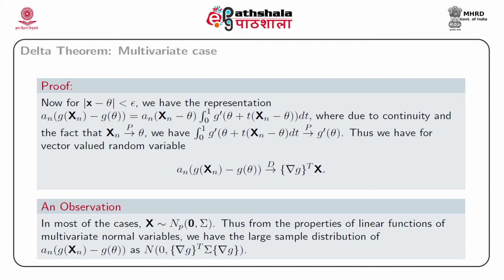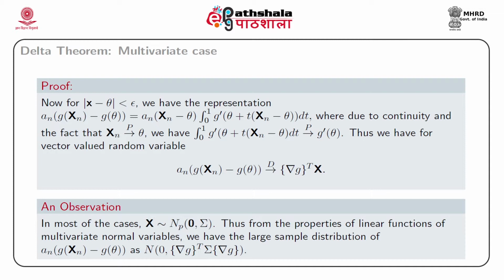This follows from the fact that every linear function of a multivariate normal random variable is univariate normal. So using this result we at once get the mean vector and variance for the limiting distribution.